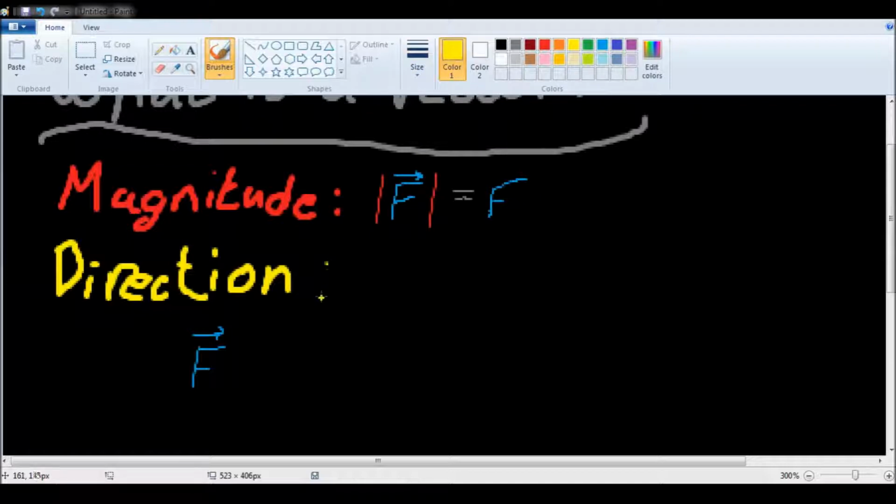Okay, and the direction is a little bit more complicated because you can't just write the value like we have here. I can denote this, say, if I have a force vector that points to the north, I could say it points in the north direction.